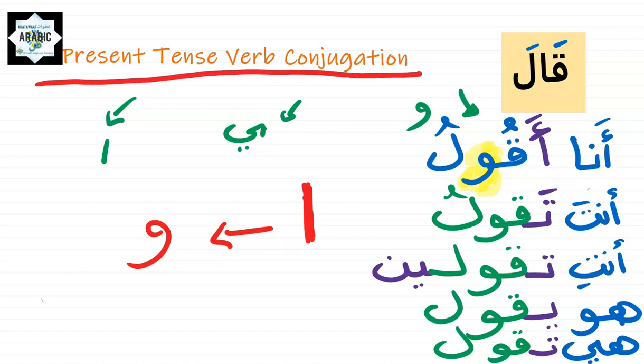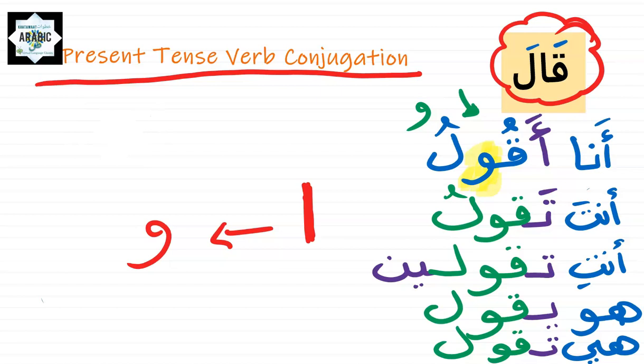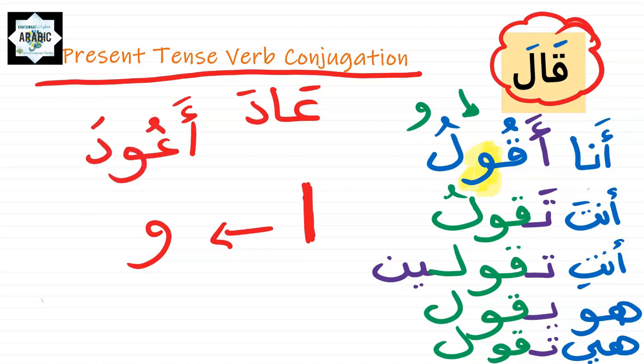There are many verbs that share the exact same pattern as قال, and the example I will refer to here is عاد, to return. As soon as I say أعود, I return, I know that the rest of the verb conjugation would follow the exact same pattern.